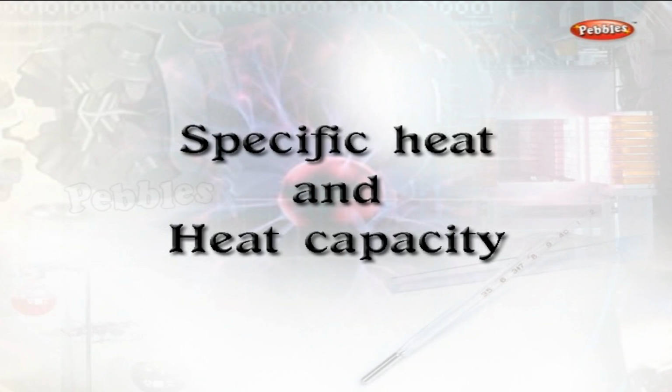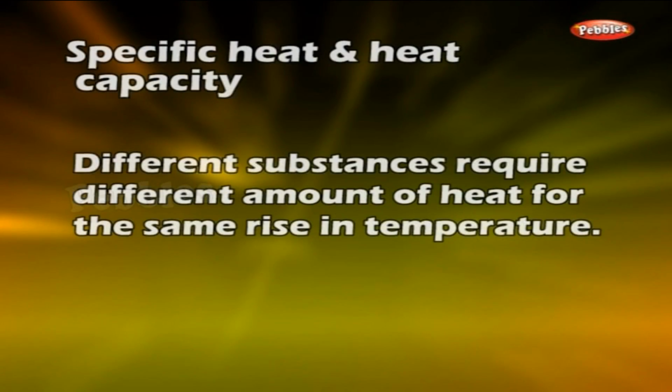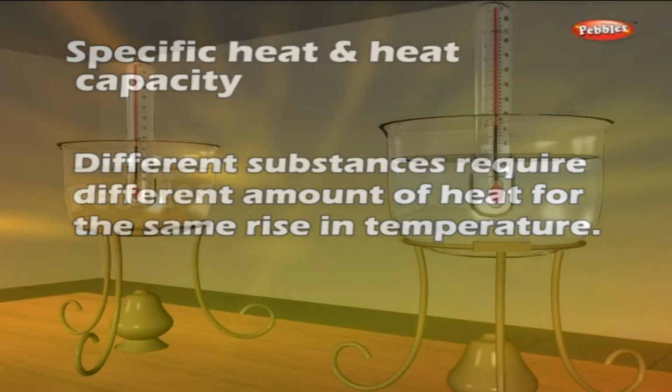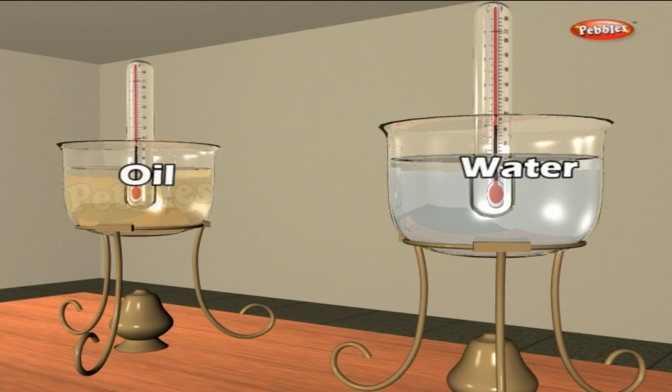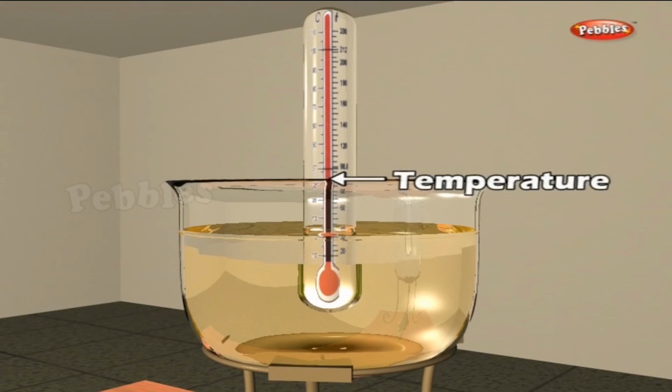Specific heat and heat capacity. Different substances require different amounts of heat for the same rise in temperature. The amount of heat required to raise the temperature of the substance depends on the nature of the substance, which is known as the specific heat of the substance.